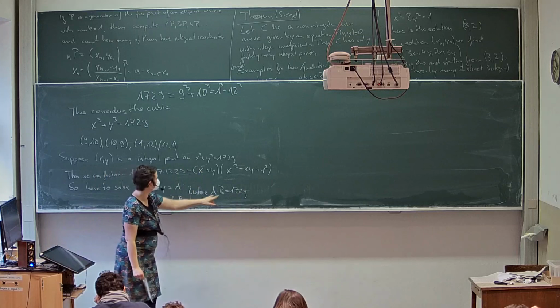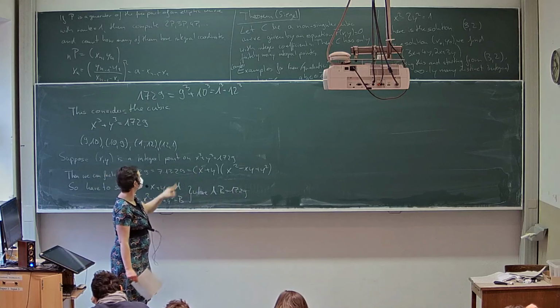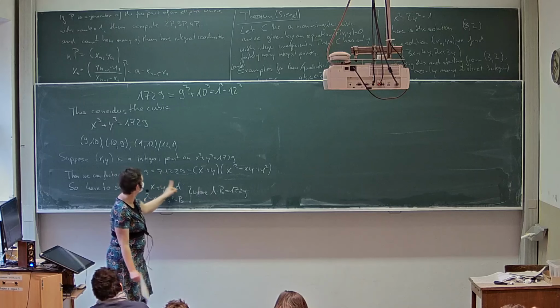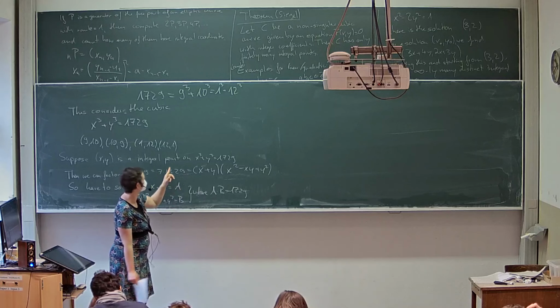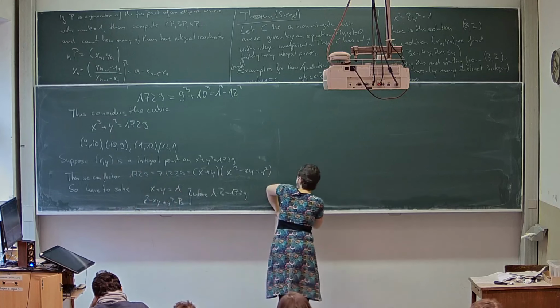And we have to do this for all possible factorizations. So a is either 7, 13, or 29, or 7 times 13, or 7 times 29, or 7 times 13 times 29. So we do this.